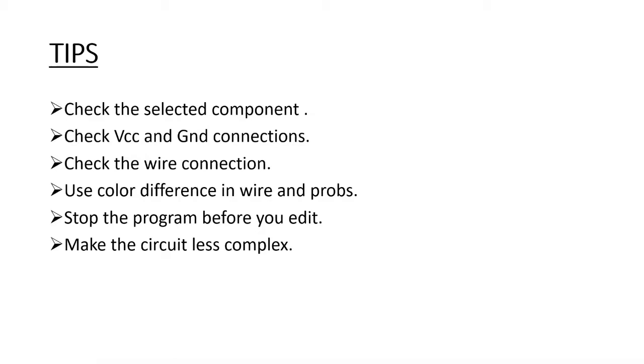If there is any error in the wire connections, then there is an error in your output also. Use color differences in wires and probes. This will make our circuit a little easier to analyze. Stop the program before editing. If you are performing any editing operation, please stop the program, then edit. Make the circuit less complex.